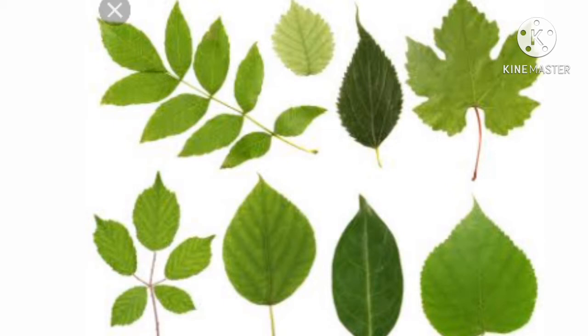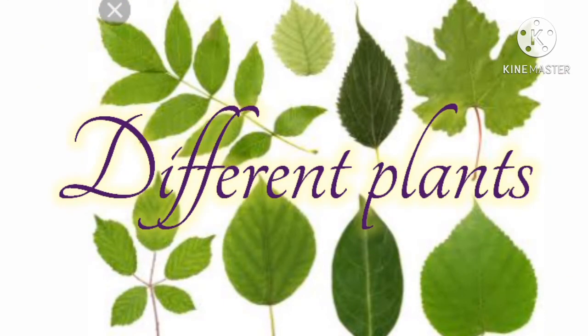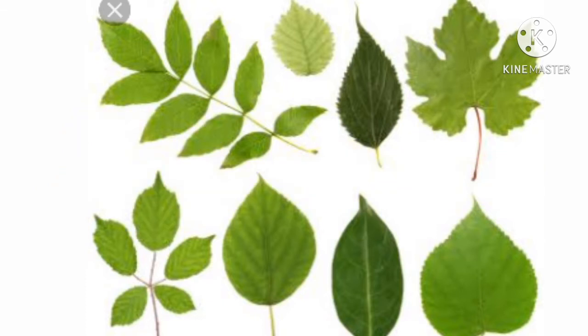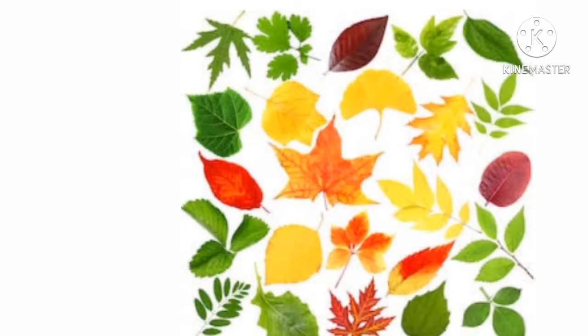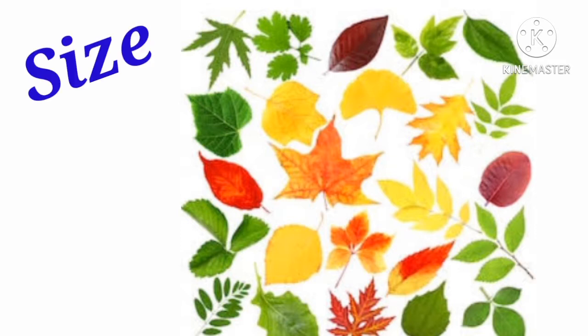Now, look at these leaves. These are the leaves of different plants and they have different shapes. Right? Children, now observe the leaf of these plants. The color of the leaves of these plants is different. So, leaves of different plants vary in size, shape and color.